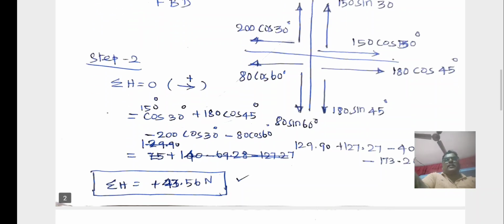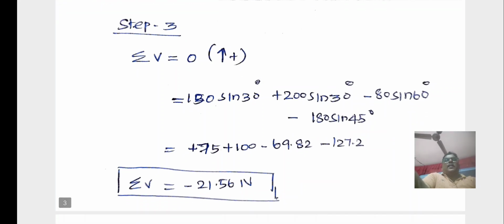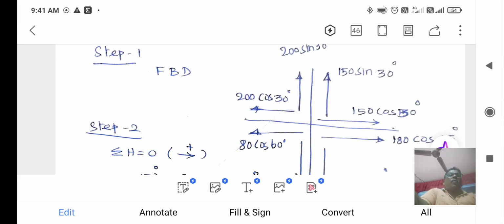Then the third step is to find the sum of all the vertical forces. Sum of vertical forces equal to 0, with the upward direction plus and the downward direction minus. In this diagram, two forces act upward, 150 sin 30 and 200 sin 30, so plus.